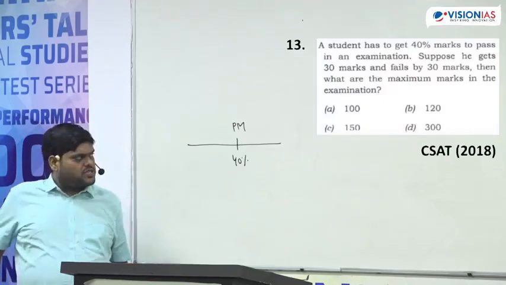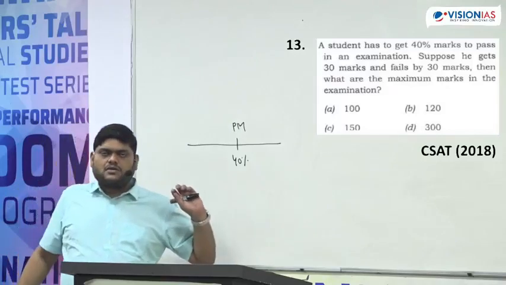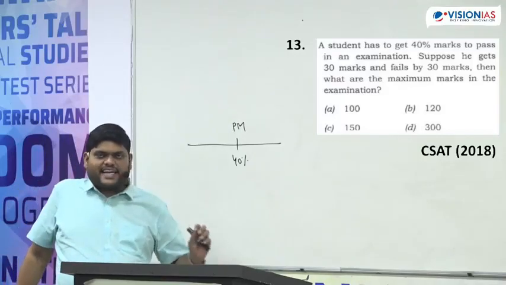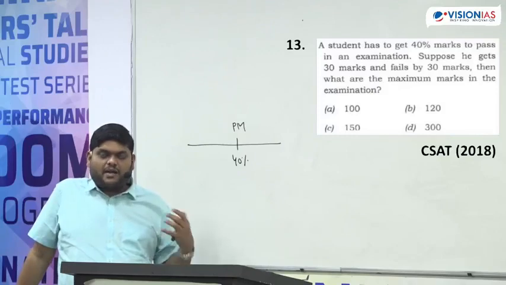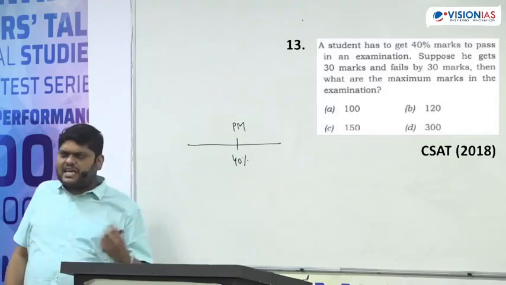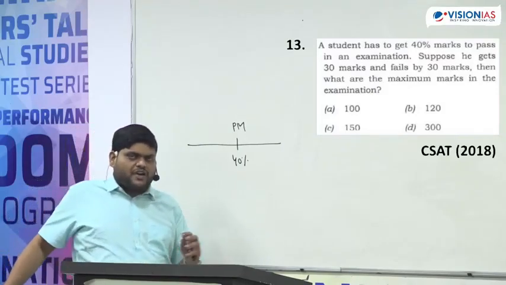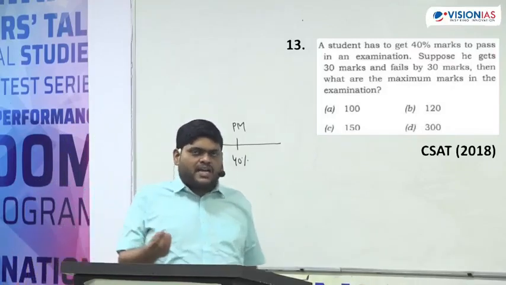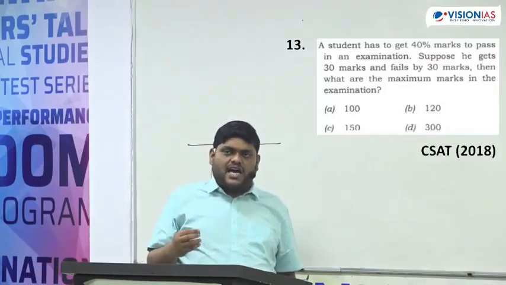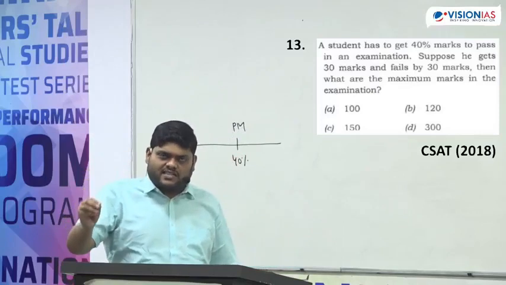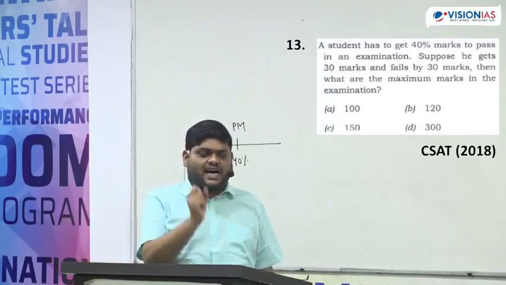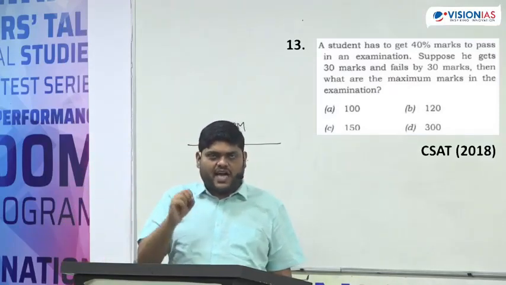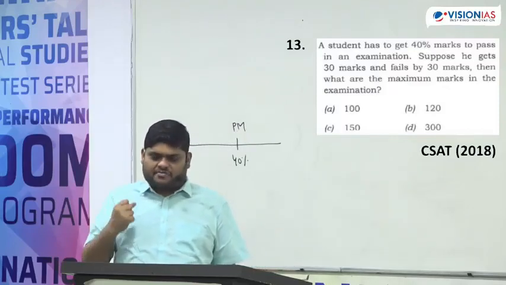So in this question, a student is getting 30 marks and failing by 30 marks. Suppose you think like this, a student is failing by 5 marks. What is the meaning of this? That means, suppose passing marks is 105 and he is getting 100 marks, we will say he failed the examination by 5 marks.